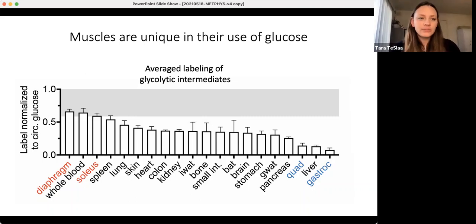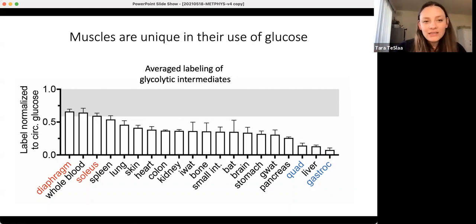The second striking observation was that we saw that these muscles are labeling on opposite ends of the spectrum. So on the left, you can see the diaphragm and the soleus are 2 muscles. The diaphragm is important for breathing, and the soleus is a muscle in the leg, and they label on the highest end of the spectrum.